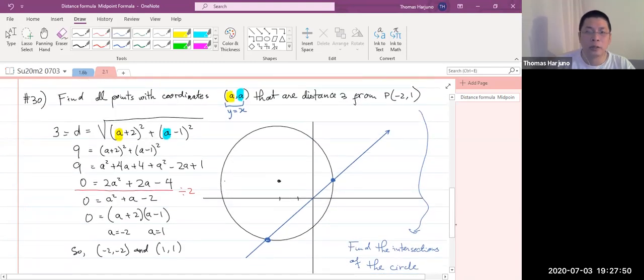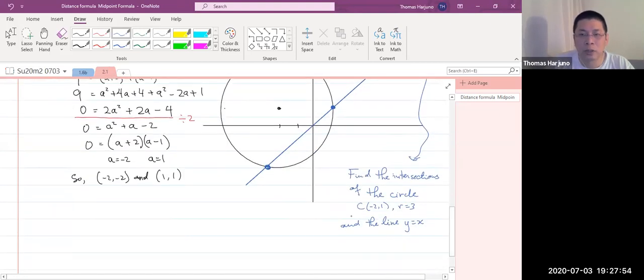Okay, because y = x, the equation of the circle centered there is (x + 2)² + (y - 1)² = 3², which is 9, right?